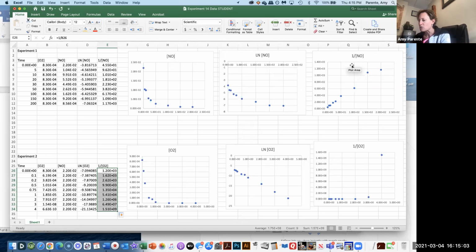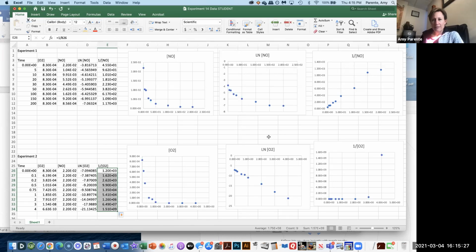X is going to be the reaction order with respect to NO. Does everybody see that that's a 2, because this data tells me it's second order? I'm going to write a 1 for my Y value because I know that my reaction is first order with respect to O2.